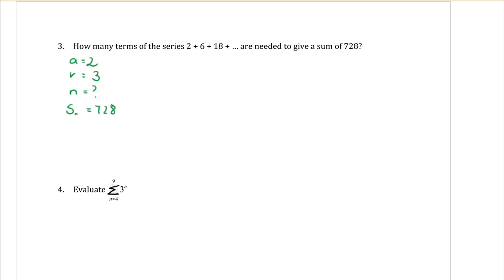Because R is greater than 1, we use our top formula, S of n equals A bracket R to the n take away 1, over R take away 1. Subbing in the sum on the left-hand side, 728 equals A is 2, R is 3 to the power of n, take away 1, over 3 take away 1, which is going to be 2 on the bottom there.